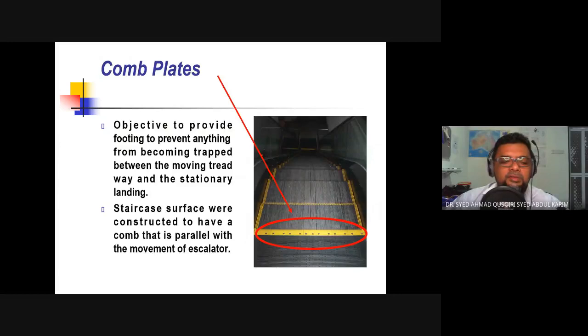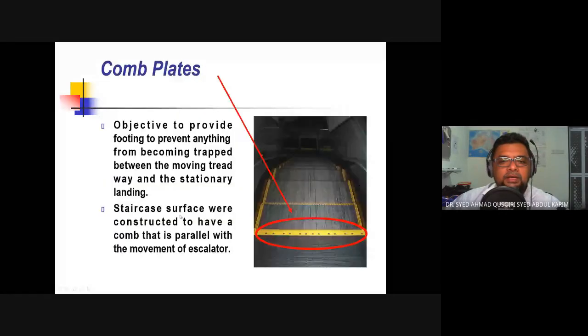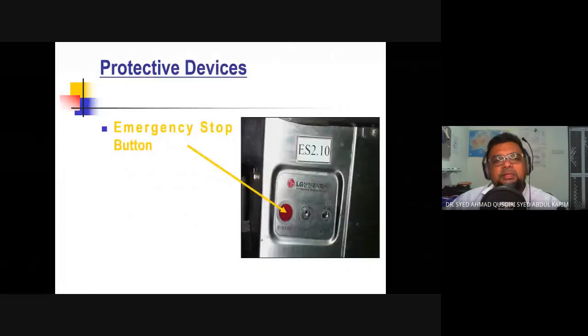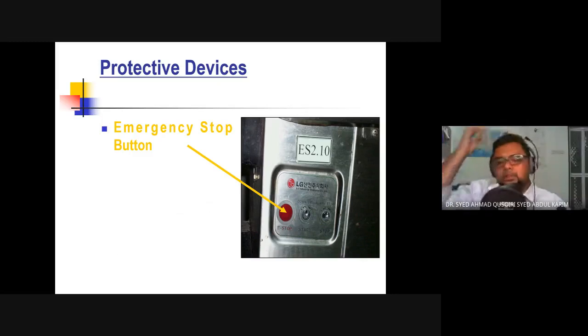Then emergency stop button and overload protective device. This is the emergency stop button, usually found at the bottom part of the escalator handrail. We can press this button to immediately stop the movement of the escalator.